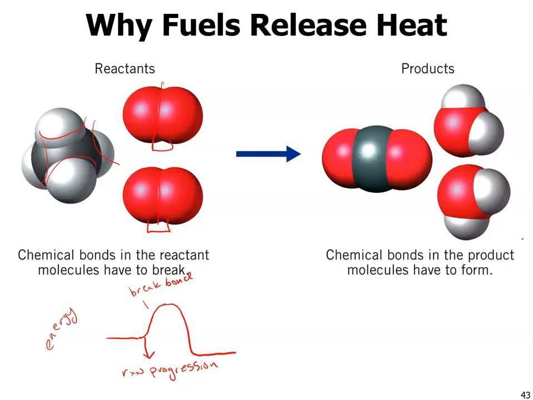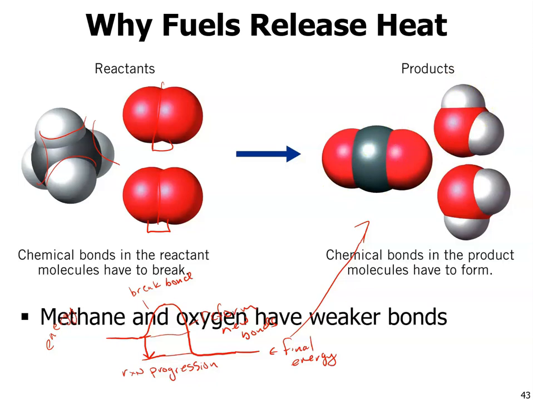And we're going to have an overall reduction in the energy that accounts for, so then this is after we reform new bonds. And this will be the final energy state of our products. So this is why we actually release heat. These new bonds, especially between the oxygen and the hydrogen, are new water molecules.